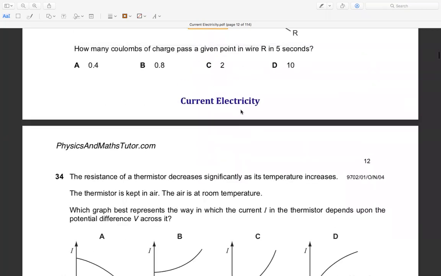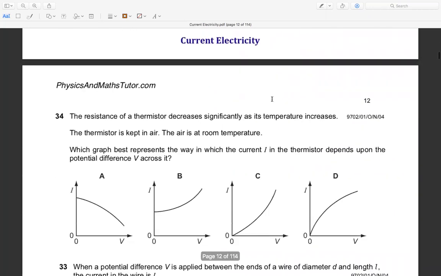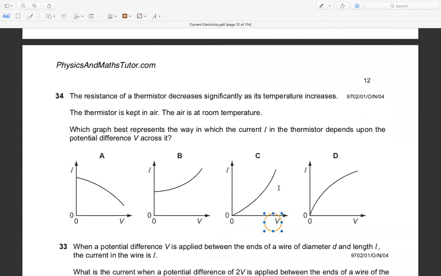Why C? Wait, let me take the boundary first. V over I is likely to continue up and start from zero. The first one starts from zero.